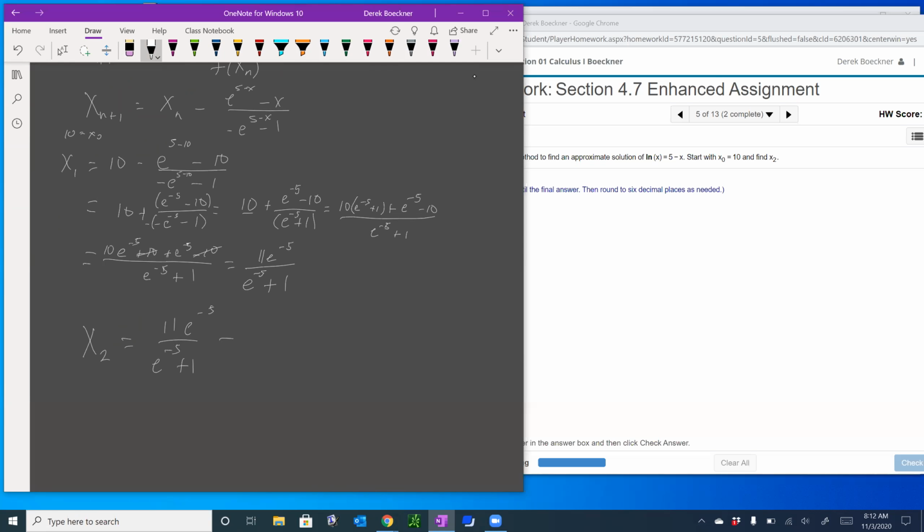plus 1 minus e to the 5 minus that thing again, 11 e to the minus 5 over e to the minus 5 plus 1, over minus e to the 5 minus 11 e to the minus 5 over e to the minus 5 plus 1, minus 1.